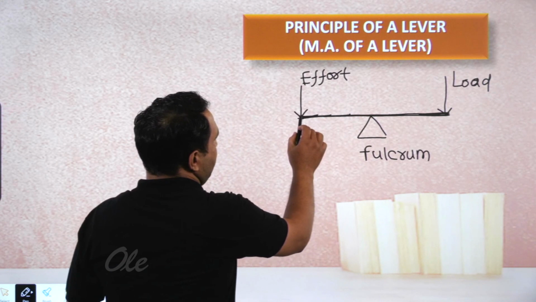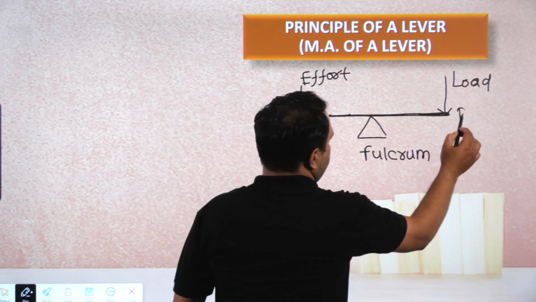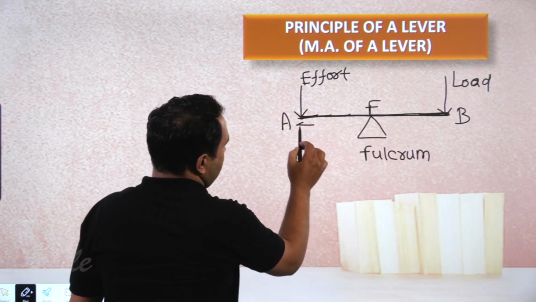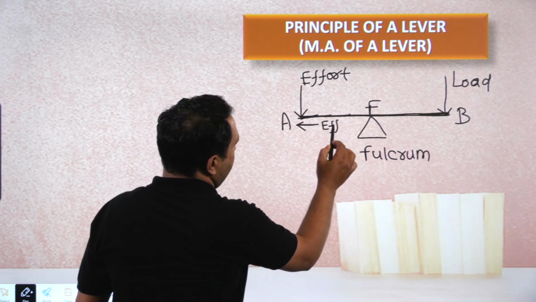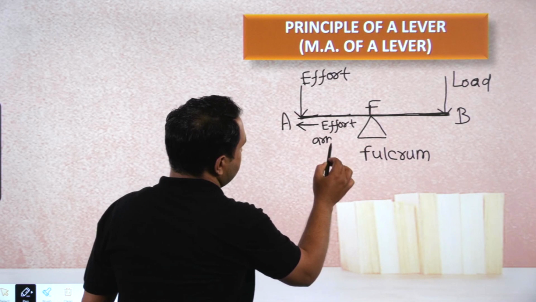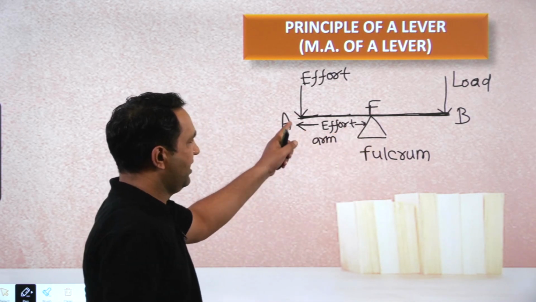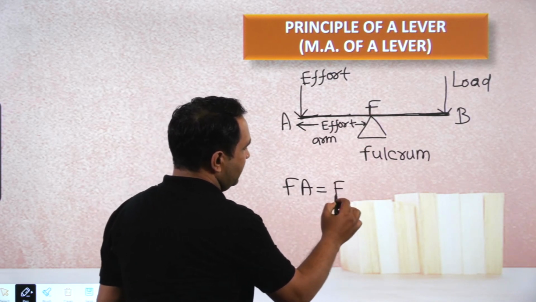Then only it will be in equilibrium state. So this is effort. Let's call the points A and B, and this is the fulcrum. The distance between the fulcrum and A, FA, will be known as the effort arm.